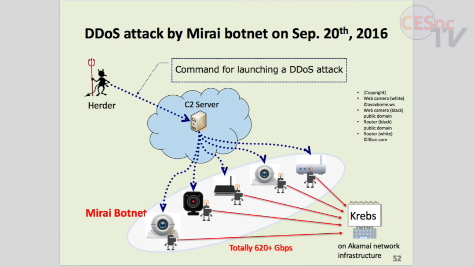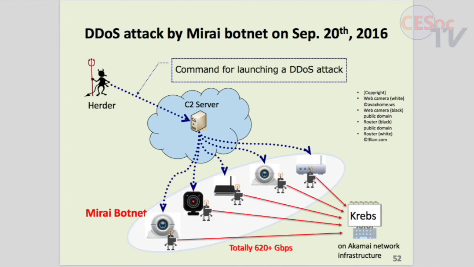After that, there was a big DDoS attack on the Akamai infrastructure on September 20. This is the image of the DDoS attack using the IoT devices. In the case of Mirai, the total volume of the traffic is over 620 gigabits per second. This type of DDoS size is very, very large. It's very close to terabit per second.